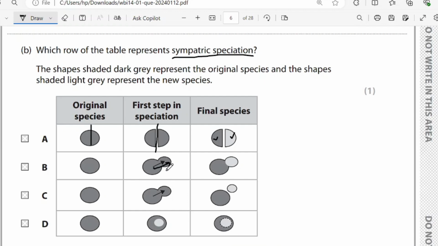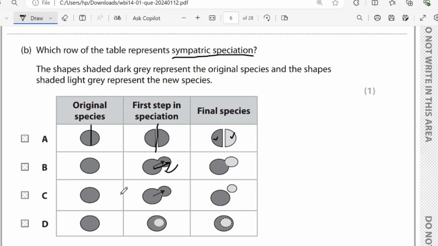For this group, they're still part of the same species. You can see it's dark gray, and then they became light gray. This cannot happen because organisms from the same species are not going to move away. Why would they move away if there are no physical or geographical barriers? It's not going to happen.